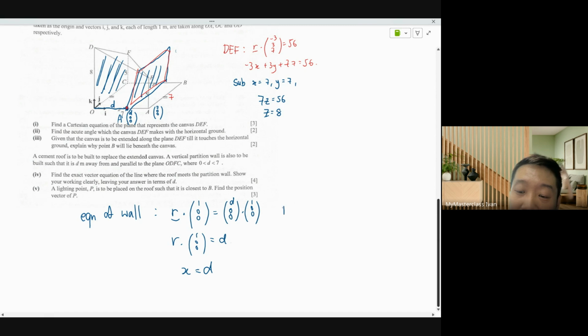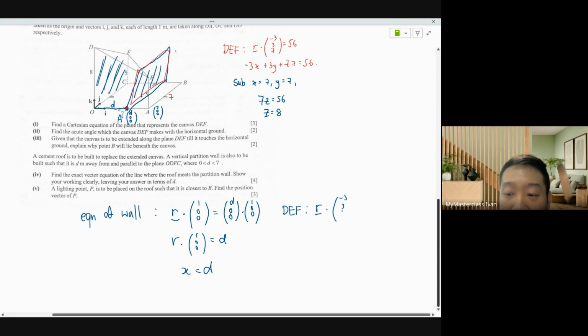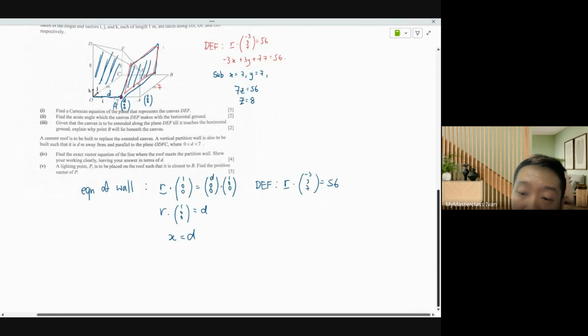So the roof is r dot (-3, 3, 7) equals 56. This one needs a little bit of skill. So this is -3x plus 3y plus 7z equals 56.